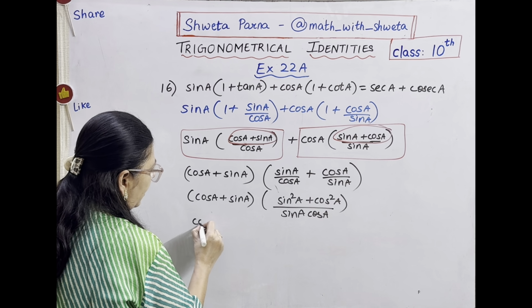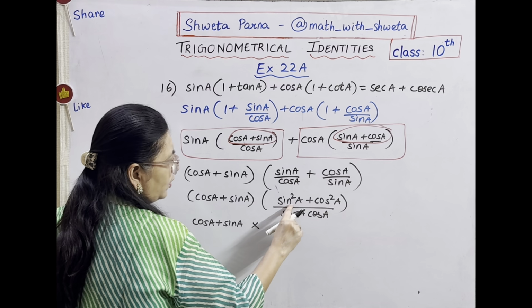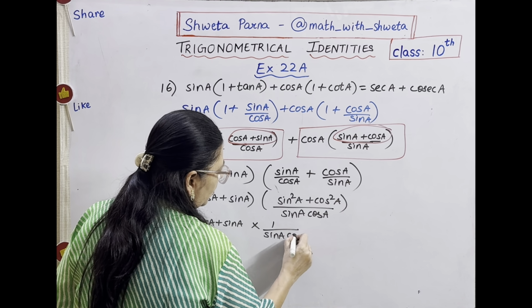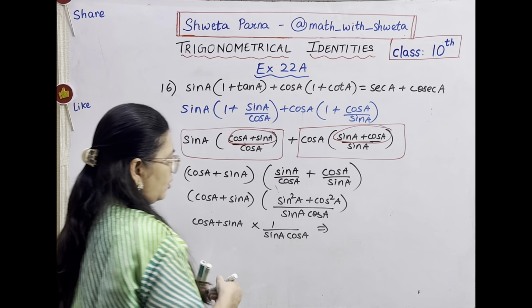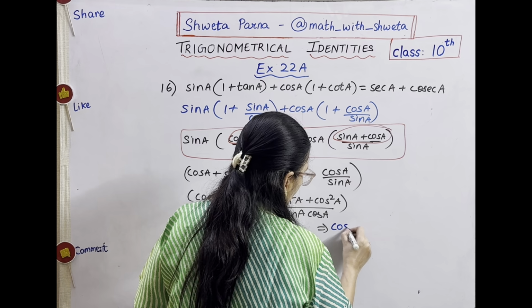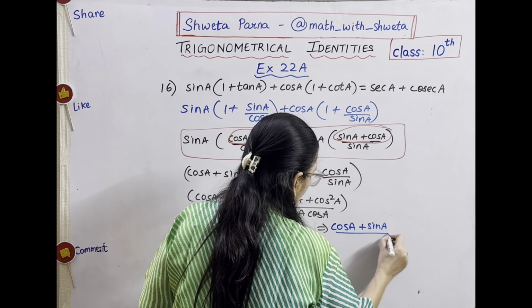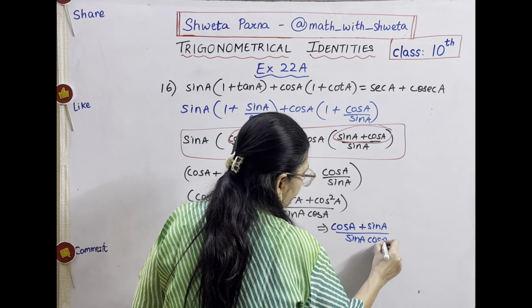So this would be cos A plus sin A into 1 upon sin A into cos A, which you will get as cos A plus sin A the whole upon sin A cos A. Correct?